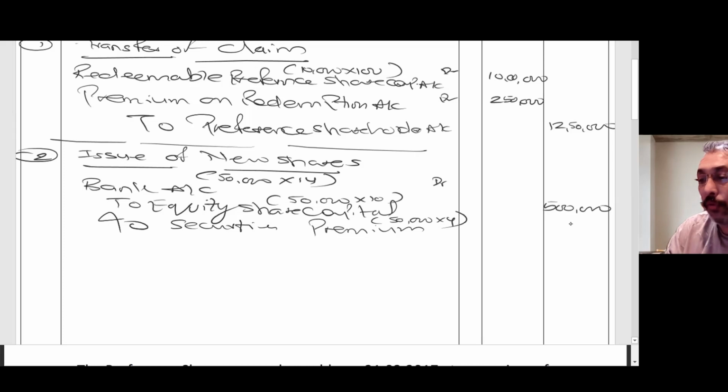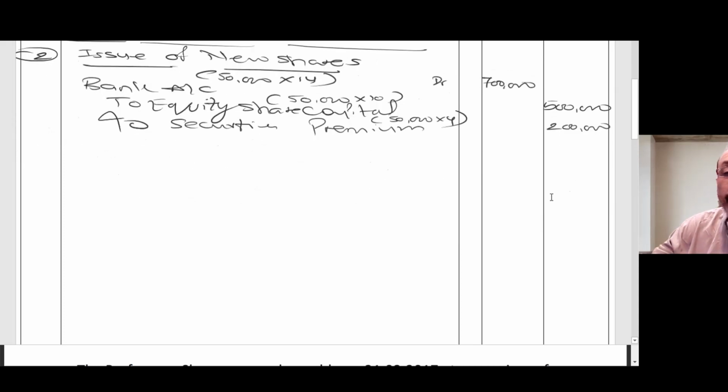And 50,000 into 4 makes it 2 lakh. Total cash received would be around 7 lakh rupees. Is it fine? Let's go for the next step.